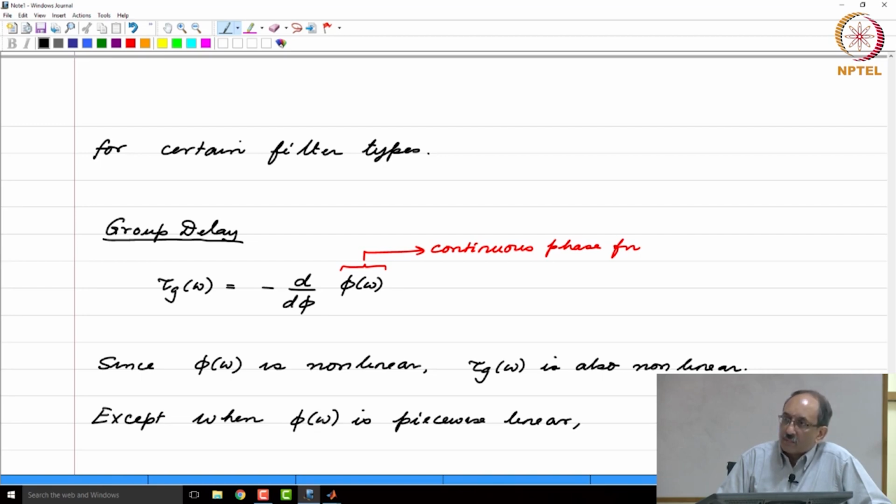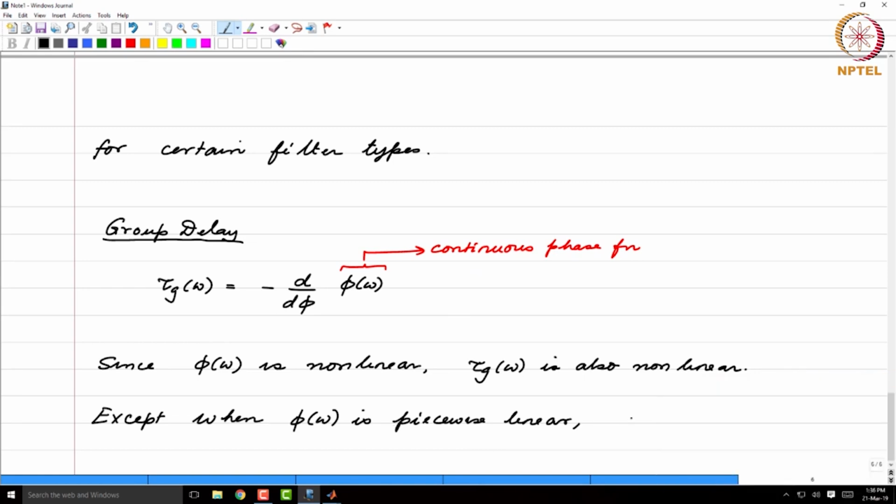We have seen specific examples where you can have linear phase, and the examples that we have seen so far is zeros on the unit circle. So, when phi of omega is piecewise linear, then tau g of omega is constant.